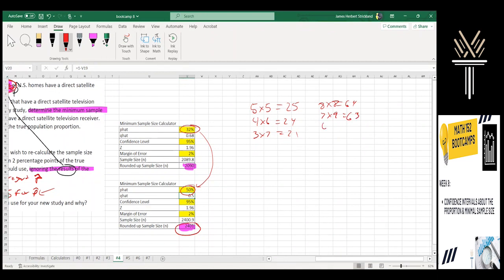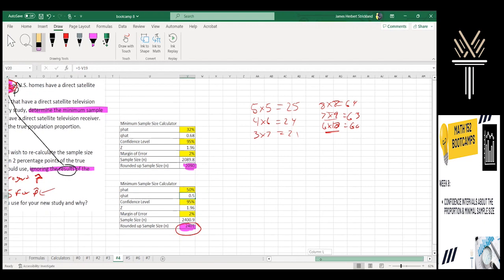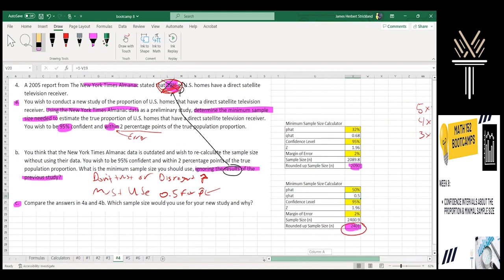And if I go down 2 and up 2, I get 60. And so notice that the more different the numbers are, the less the value is. And so that's the big idea. When this is 50-50, it's a bigger calculation than when it's 32 and 68. And so that's why mathematically it's always going to be a bigger number when it's 50-50, 0.5 and 0.5 for P and Q. And when it's not, it's going to be a smaller number.